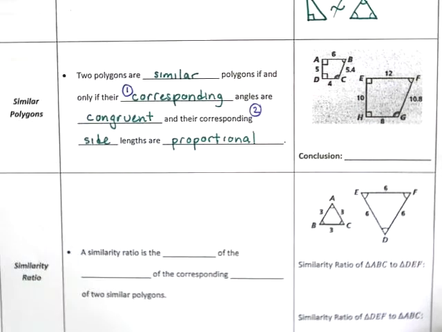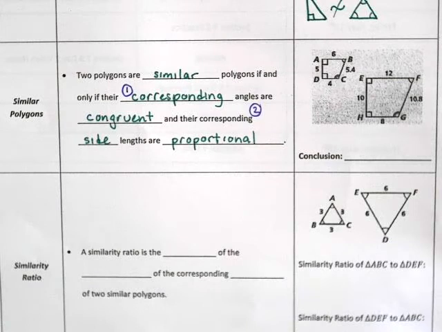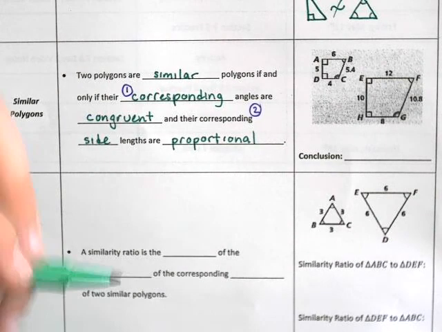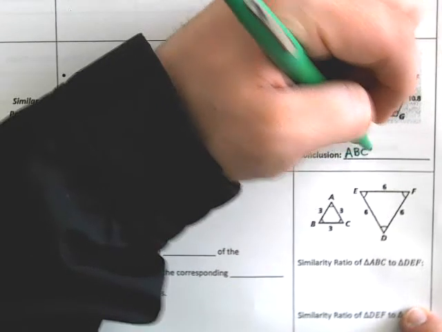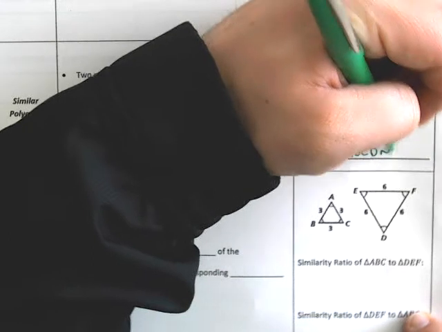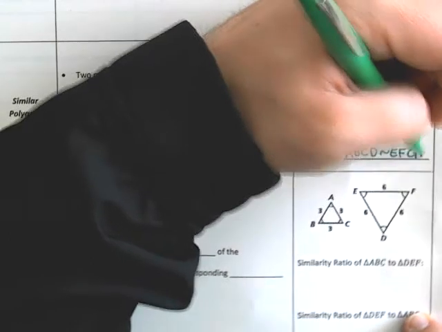So notice, what did I do? I really just found the ratios of the corresponding side lengths, and we noticed that they all matched up, which means in this case these are polygons, they are similar. So ABCD is similar to EFGH.